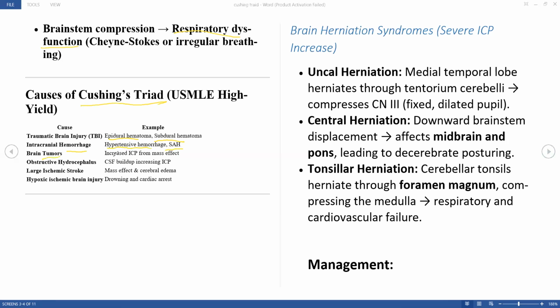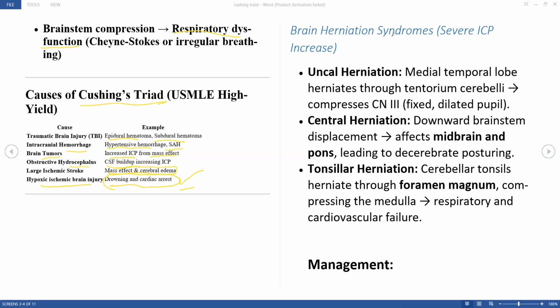Brain tumor increases ICP from mass effect; obstructive hydrocephalus, with CSF building up, increases ICP; large ischemic stroke, with mass effect and cerebral edema. Hypoxic ischemic brain injury, drowning, and cardiac arrest. That is a super high yield: hypoxic ischemic brain injury, drowning, and cardiac arrest.